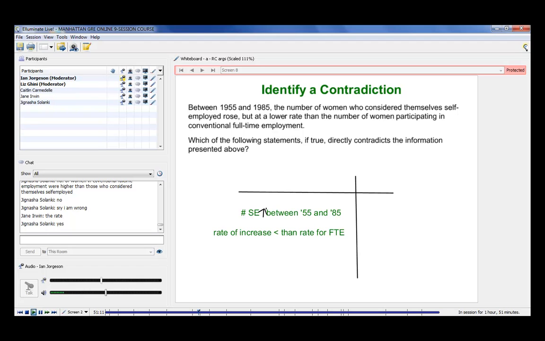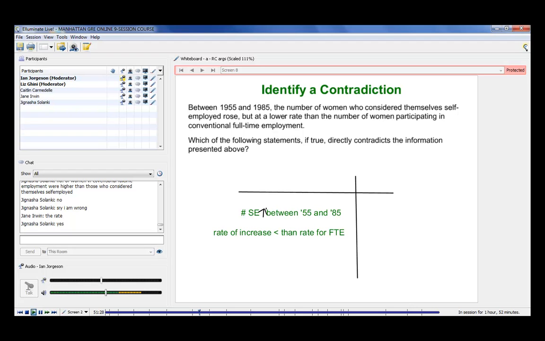Now, in this case, we want to anticipate an answer, but it's going to be hard to predict it very well. And the reason why is because we're being asked what cannot be true, what contradicts the information. There's a lot of things that can contradict that information, so it's going to be hard to predict it.